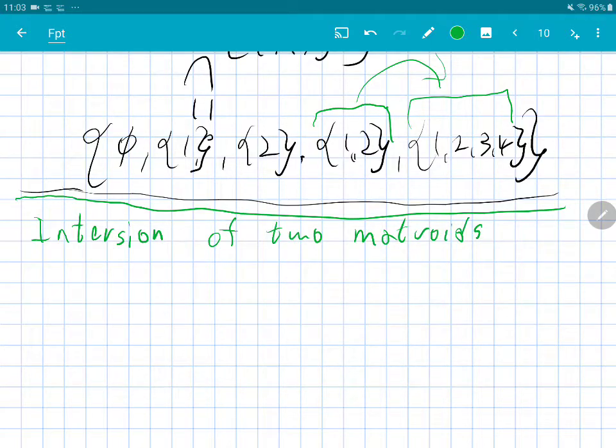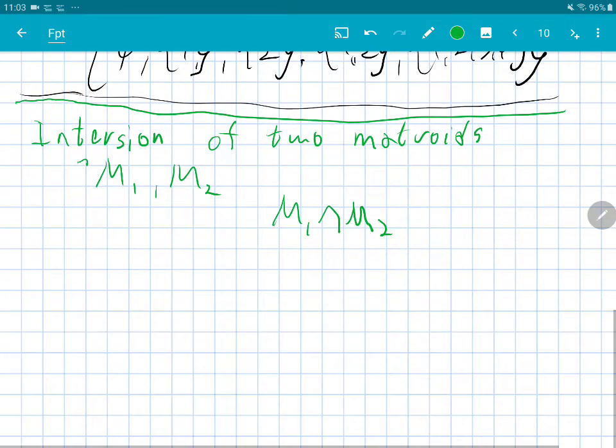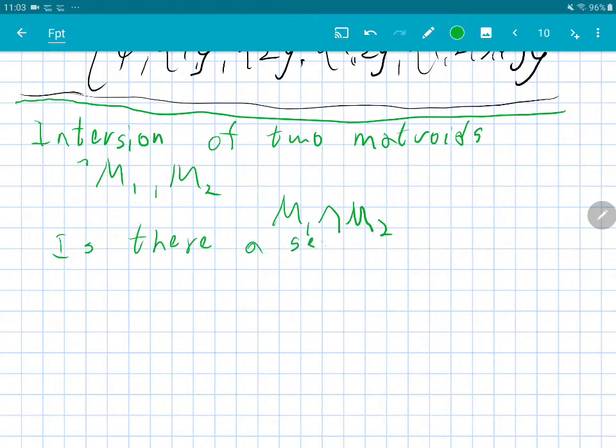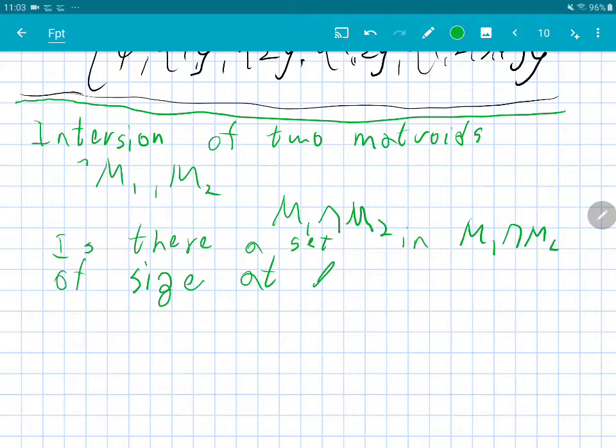So here the problem is the usual thing: we have M1 and M2, we look at the intersection, and we ask, is there a set in M1 intersection M2 of size at least k?